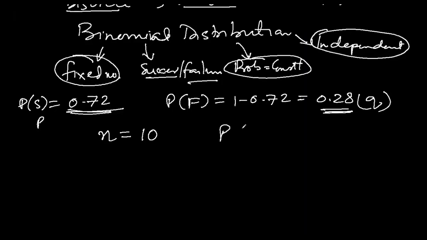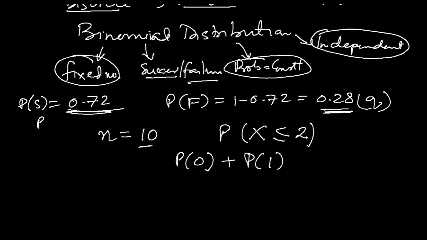Suppose I want to know the probability that I hit all 10 pins x times, where x is less than or equal to 2, which means that I either have a strike 0 times, that means I don't hit any in the 10 attempts, or once only and 9 times I fail, or 2 only, 8 times I fail, right?